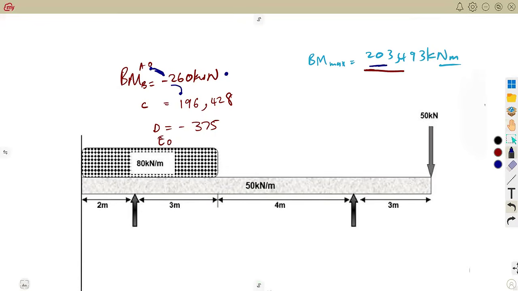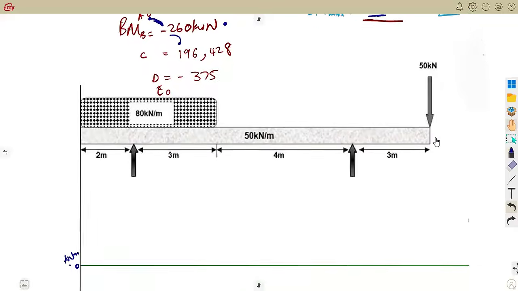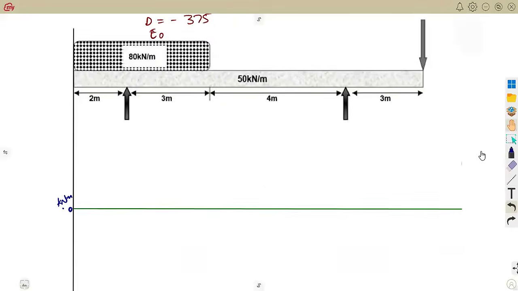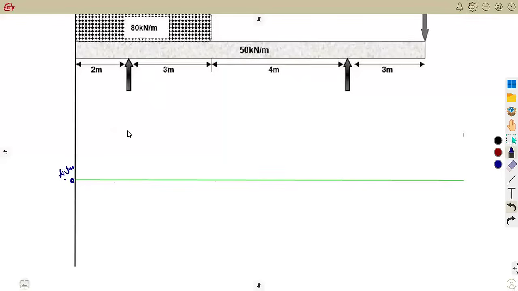It was just going to be negative 260. Maybe according to your scale, guys, as for me, my scale is on my side, so you are supposed to have a simpler scale. Let's say this is where we have negative 260 kilonewton meter.